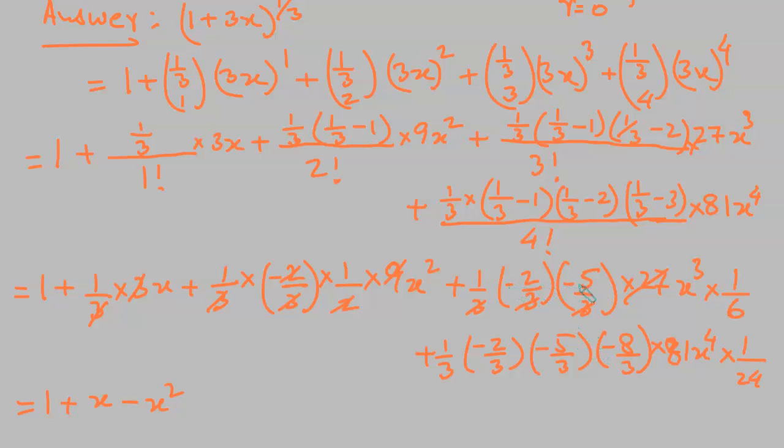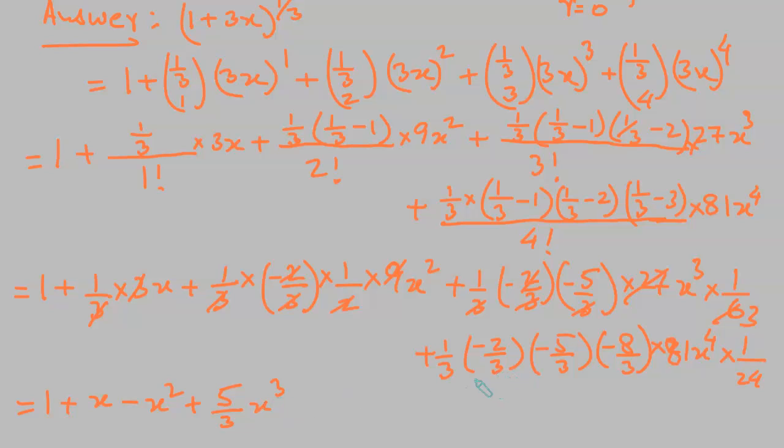Minus times minus is plus. And 2 can get cancelled. So it is 5 over 3, not x square, x to the power of 3. So plus 5 over 3 x to the power of 3.